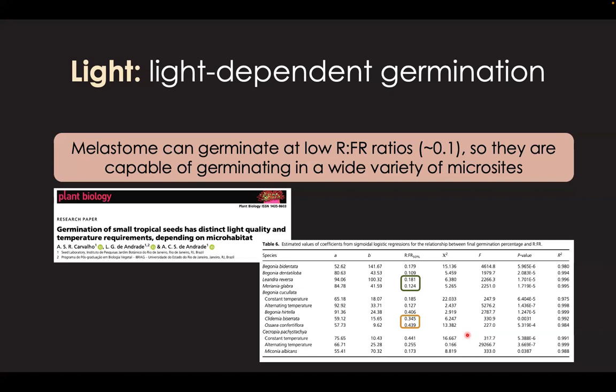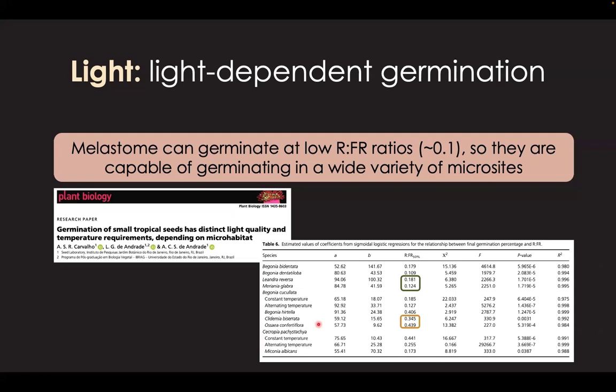So if you remember your germination physiology from that undergraduate course in plant physiology, you should remember that red light is the light that induces germination, and far red light, not so much. And all this explanation about the microhabitats and the difference in light quality is for you to look at this table. This study was carried out not only on melastomes, but on species from the gaps and the borders and the understory of the Atlantic forest here in Brazil.